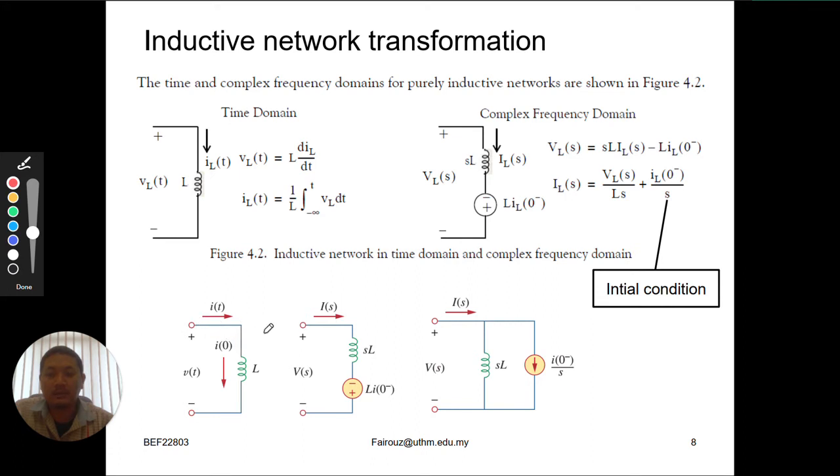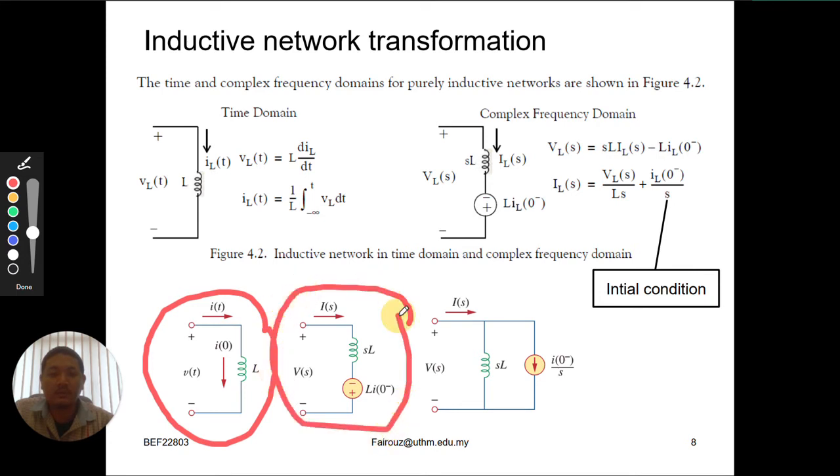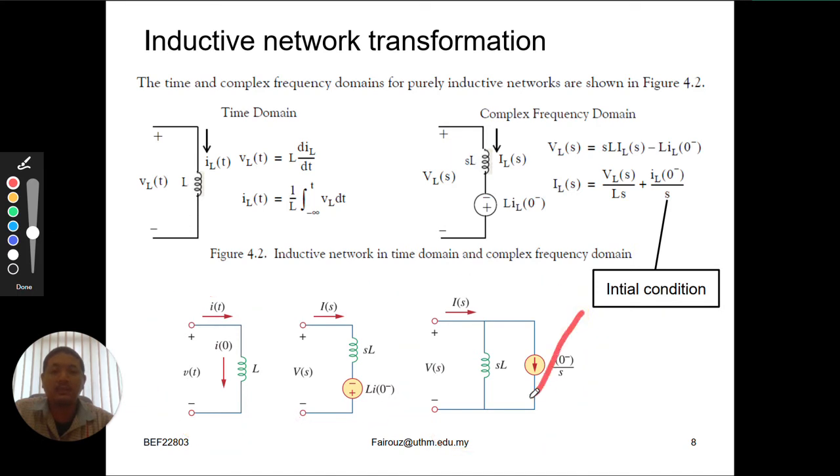We have the circuit in time domain, and then we convert into S domain, and also the circuit in S domain if the source is now in parallel.